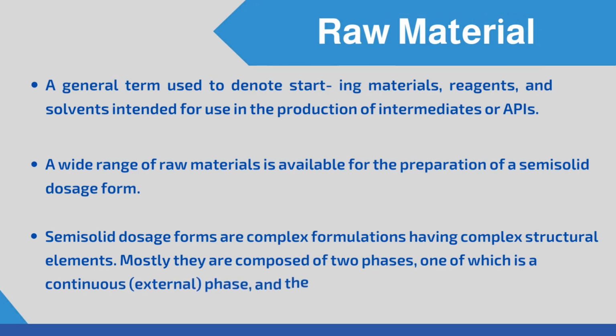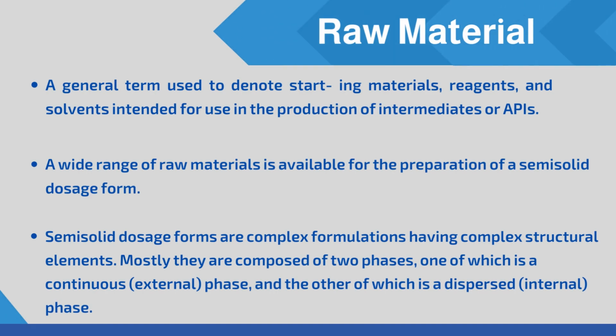Mostly, they are composed of two phases, one of which is the continuous external phase and the other is the dispersed internal phase. The active ingredient is often dissolved in one phase, but sometimes when the drug is not fully soluble, it is dispersed in one or both phases, creating a three-phase system.